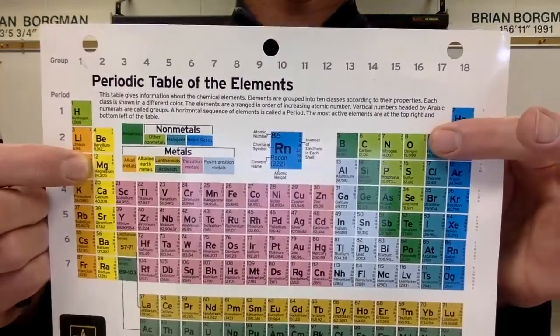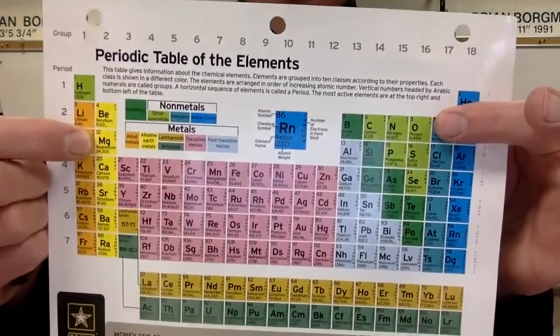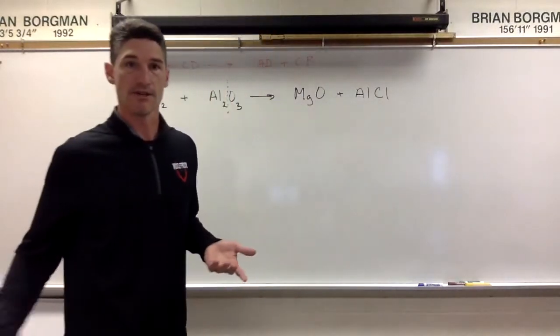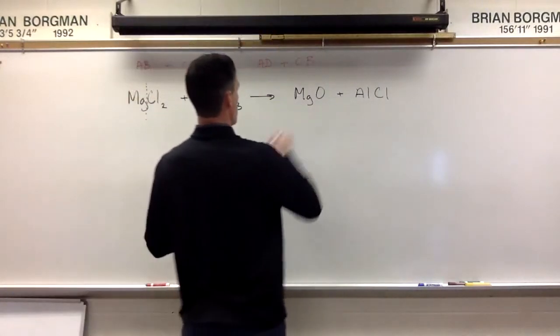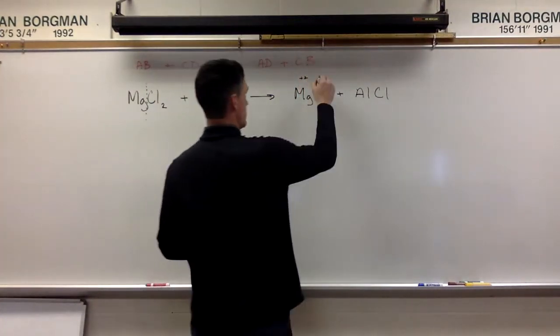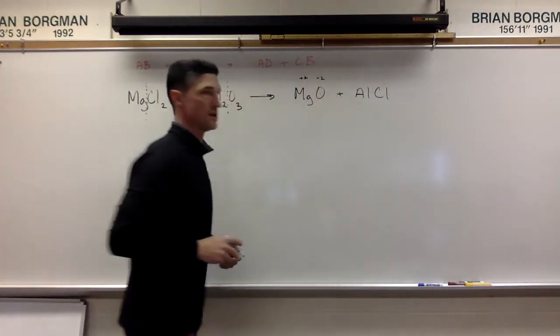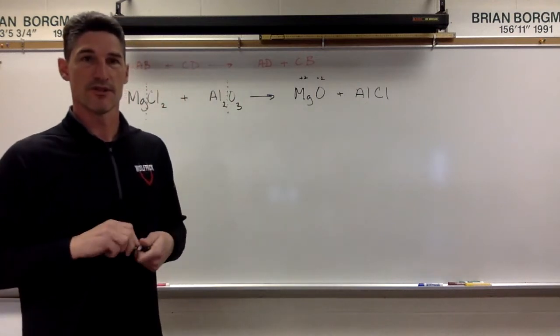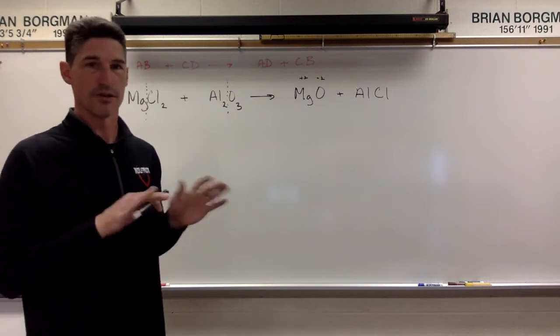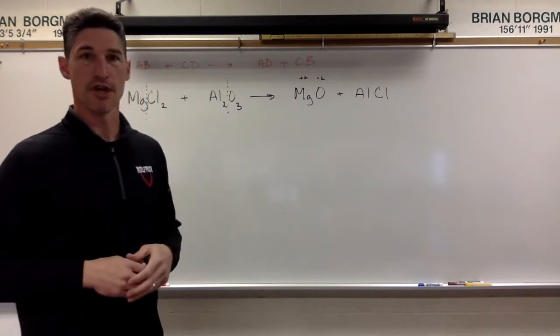So magnesium is in 2, oxygen is in 16. That tells me a lot about their charges. Magnesium made a +2 charge, and oxygen made a -2 charge. You have to ask yourself, does a +2 and a -2 give you 0? Yes, it does, so you're done. That one is just MgO and we're good to go.